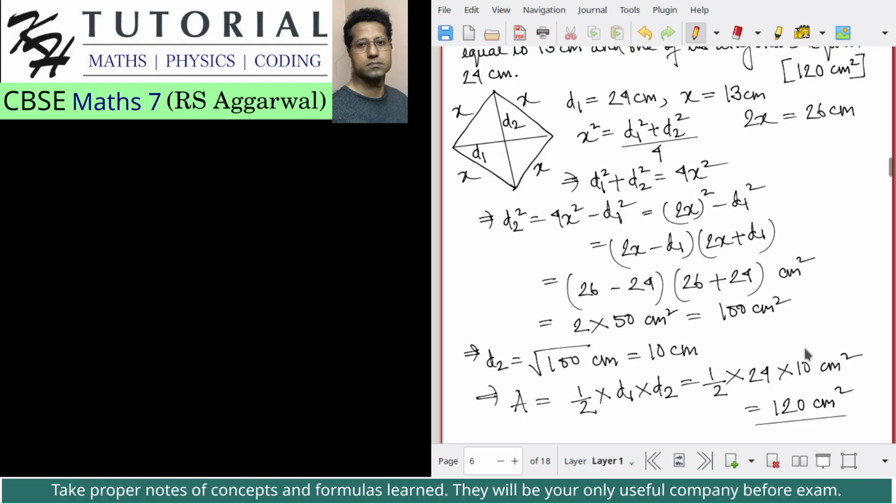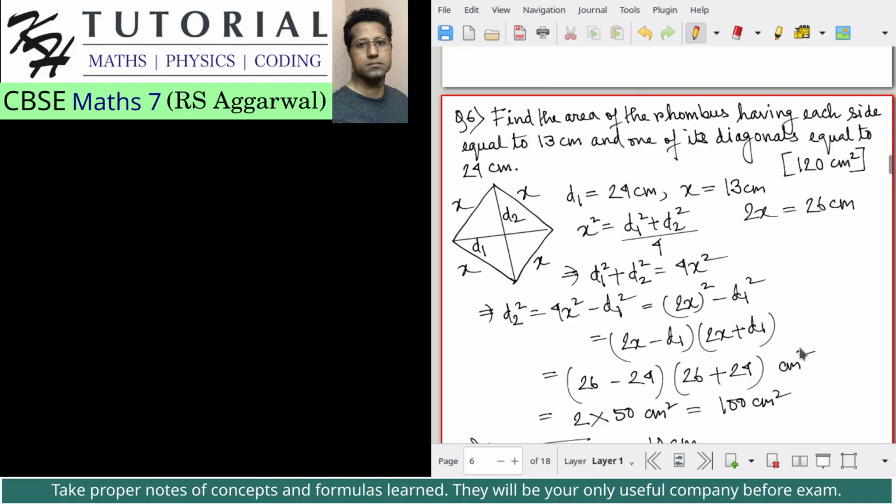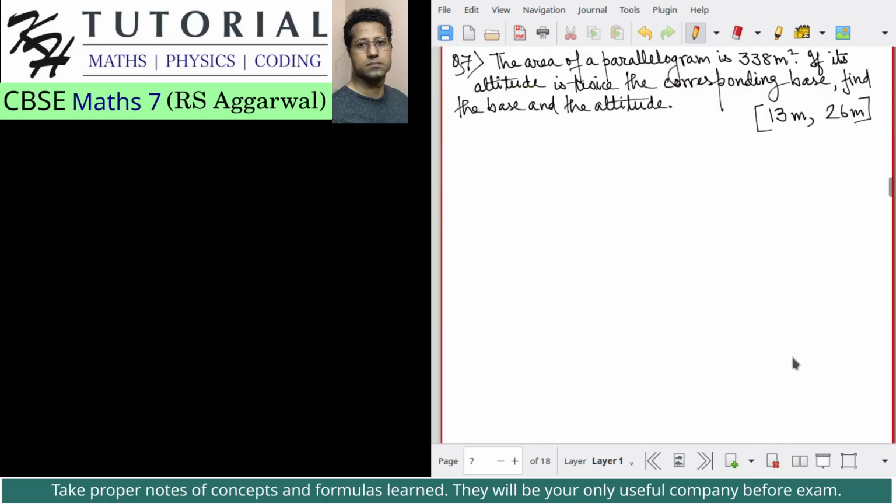Okay. Let's see the next problem. Question number 7. The area of a parallelogram is 338 meters square. If its altitude is twice the corresponding base, find the base and the altitude. Okay.